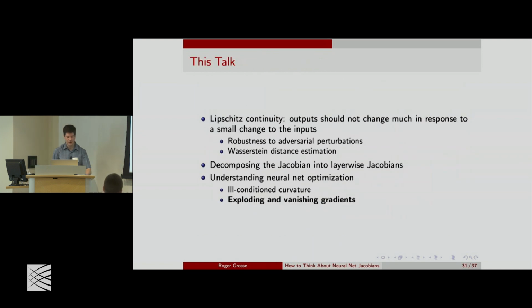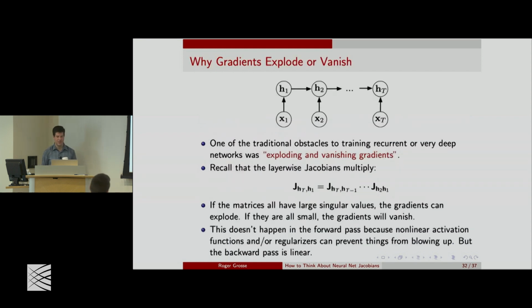Okay, so I'll very quickly cover exploding and vanishing gradients then. This is a problem that comes up if you're trying to train very deep networks or recurrent neural networks, which are typically unrolled for a lot of time steps. Since I've already introduced the Jacobians, I'll remind you that the layer-wise Jacobians multiply to give you the Jacobian for the whole network.